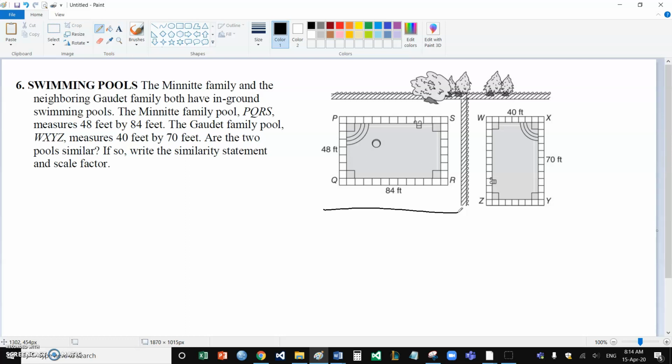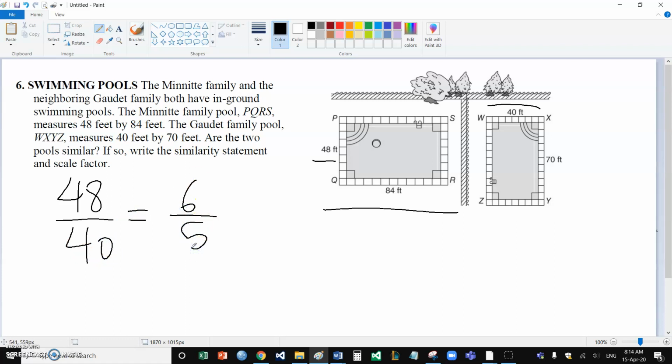So the smaller side is 48 right here, so 48 divided by 40, this is the smaller side. How much is that? Divide both sides. So this is 6 over 5, if we divide both numerator and denominator by 8.